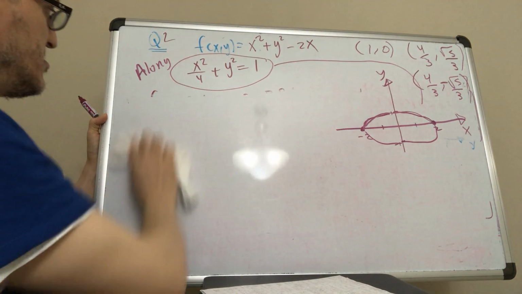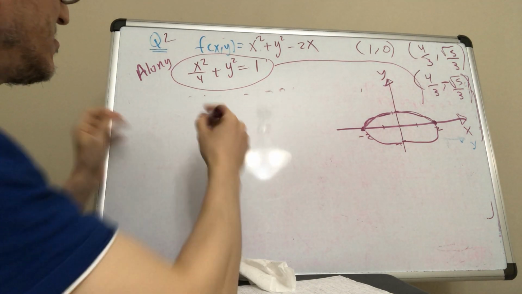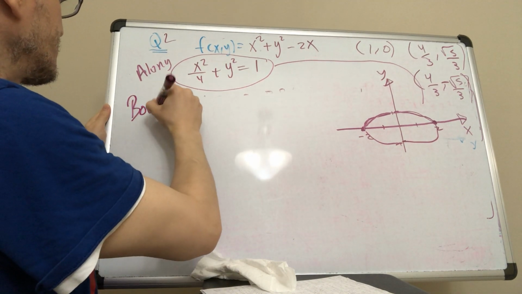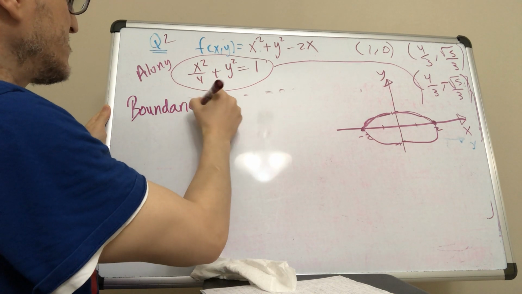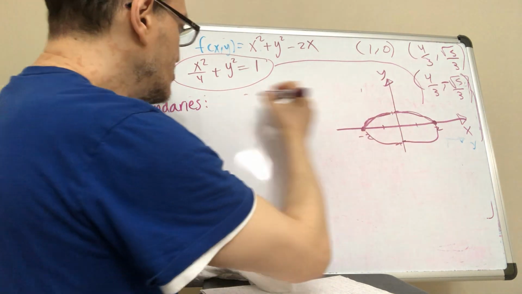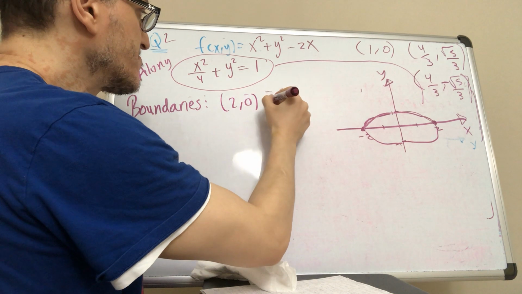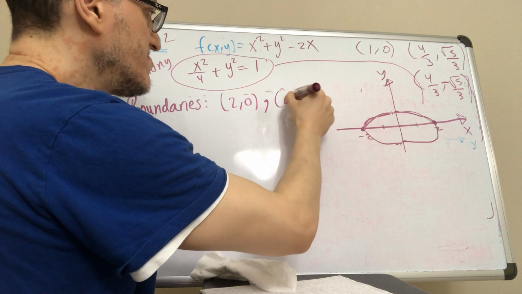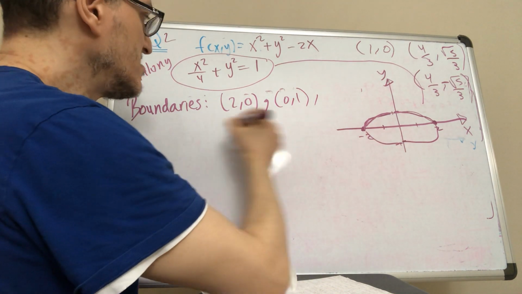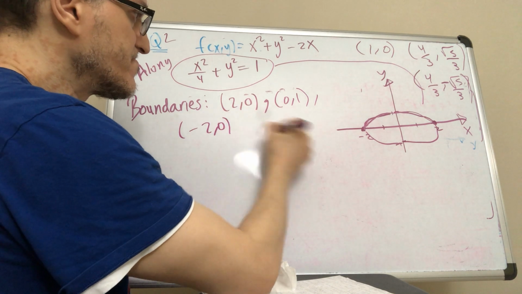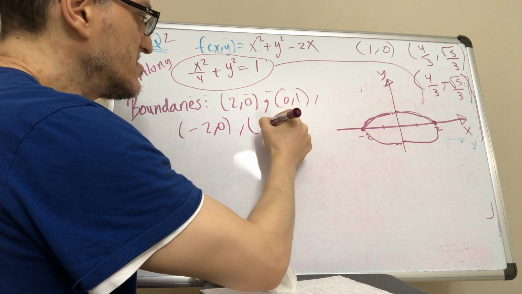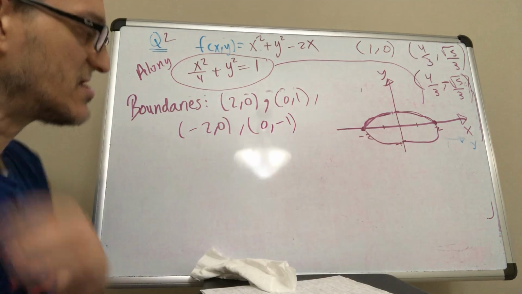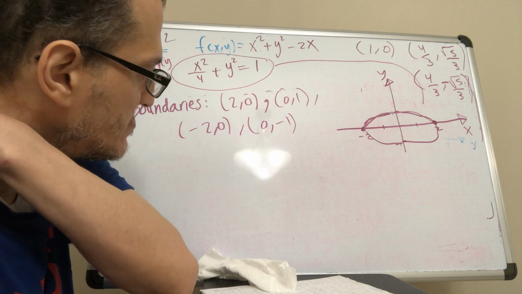The last thing we need to do is the boundaries. We have 2, 0, 0, 1, negative 2, 0, and 0 minus 1. These are the boundaries for the system.